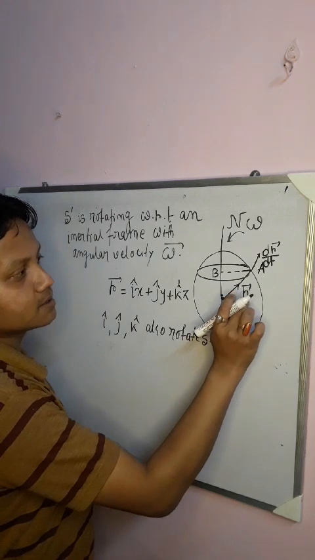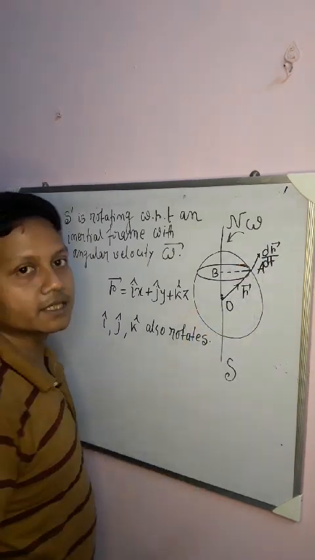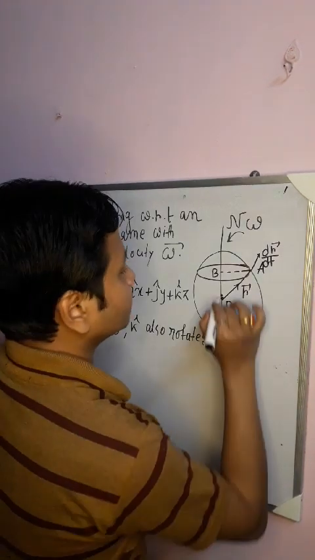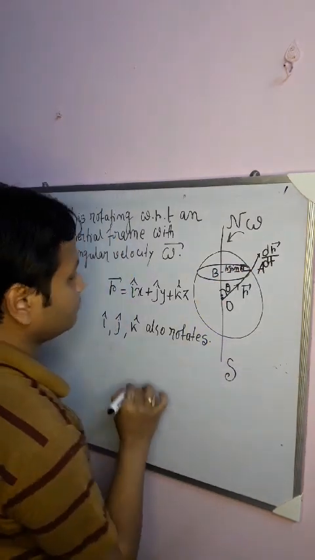Fine. If r is the position vector of the particle A relative to O, then this is the velocity dr/dt. Now if this is theta, this is r sin theta.